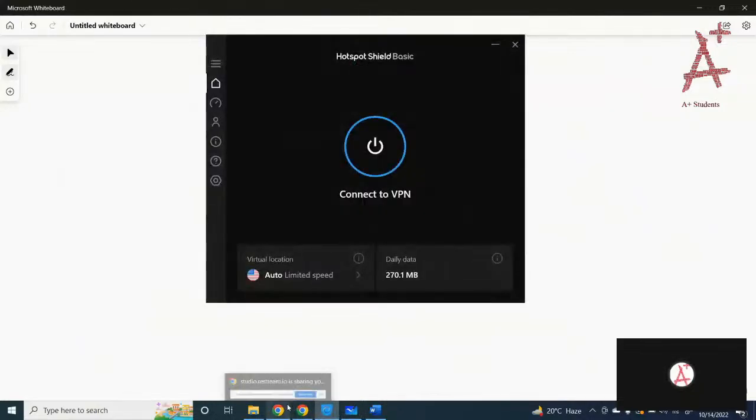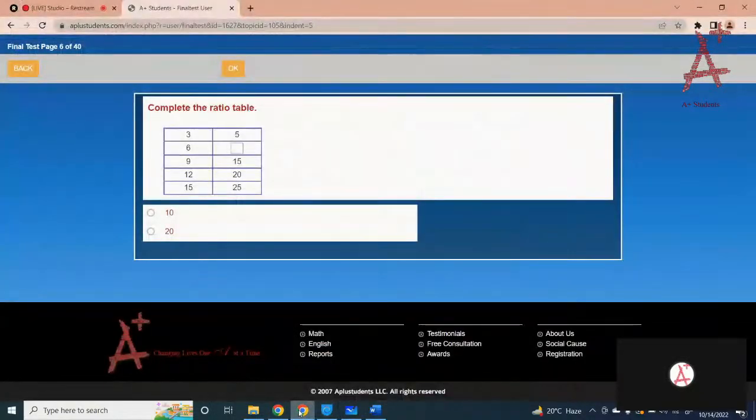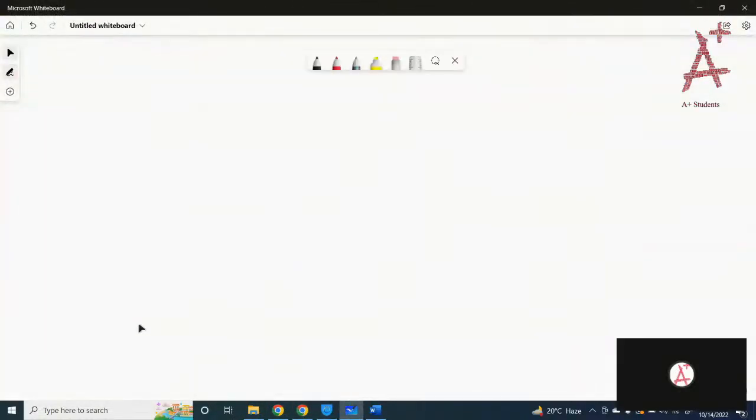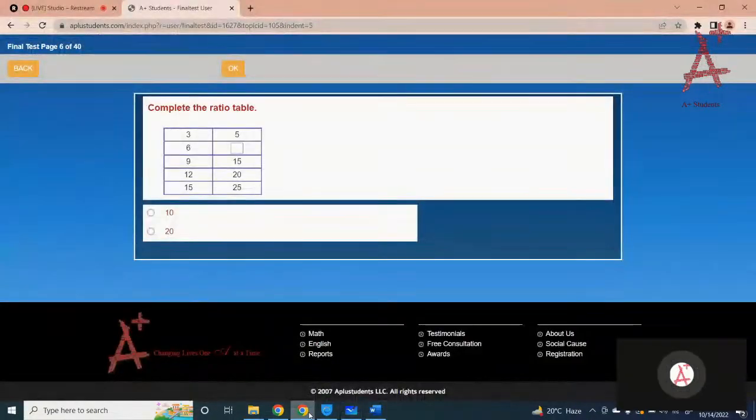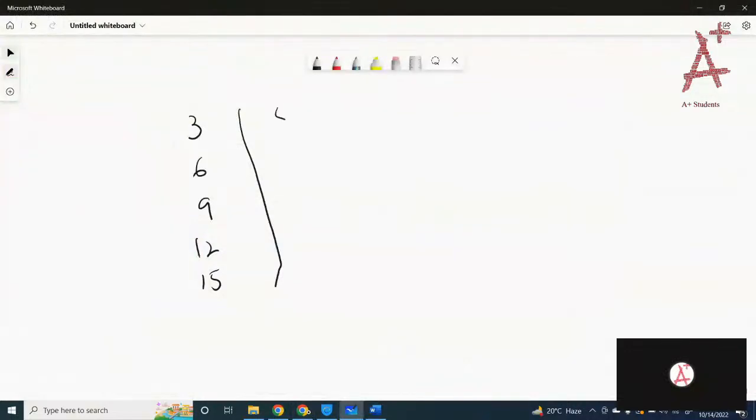The x values are 3, 6, 9, 12, and 15. And here you have y values 5, missing number, 15, 20, and 25.